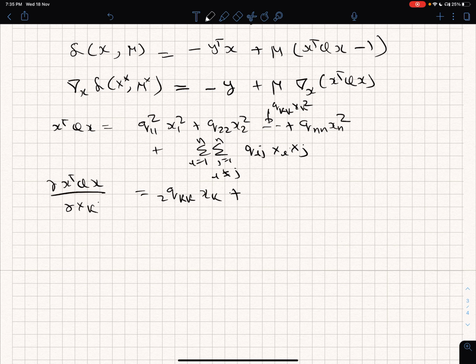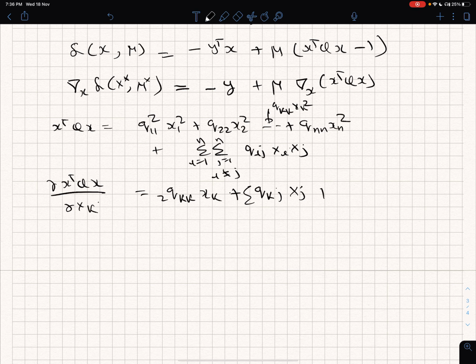Once I fix i to k, I will get n minus 1 terms as partial derivatives, qkj, and then taking the partial derivative with i fixed to this, it will just come as xj.